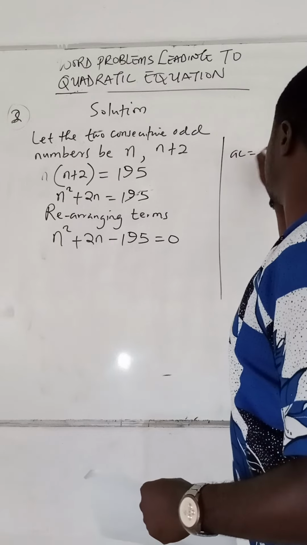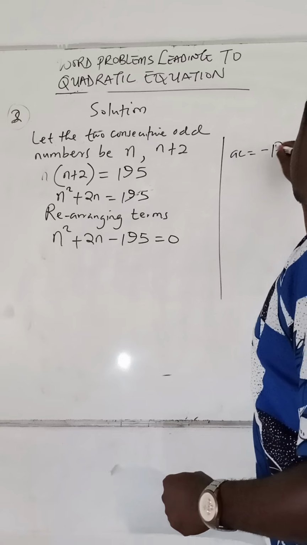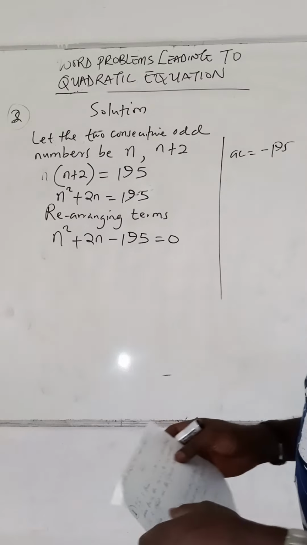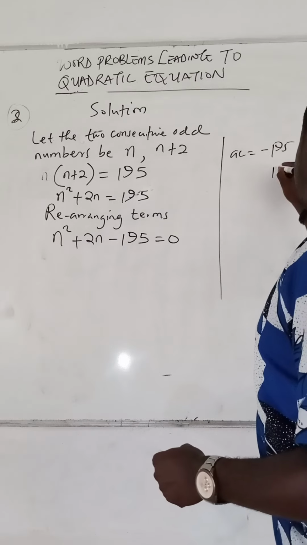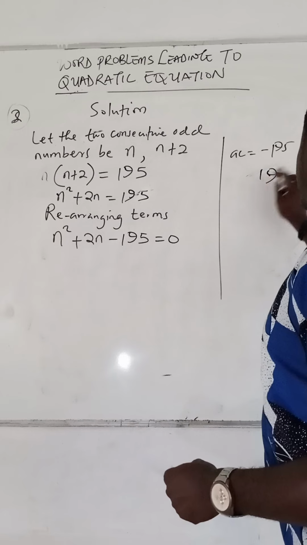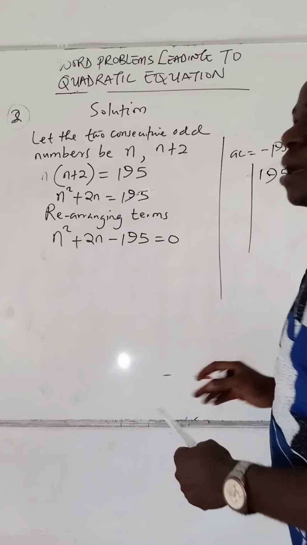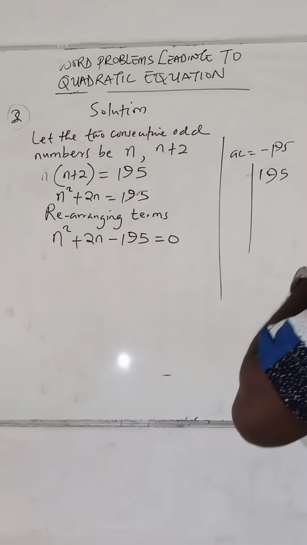If we take AC to be 1 times 195, we have 195. We look for the factors of AC by taking 195 and trying to look for its factors.